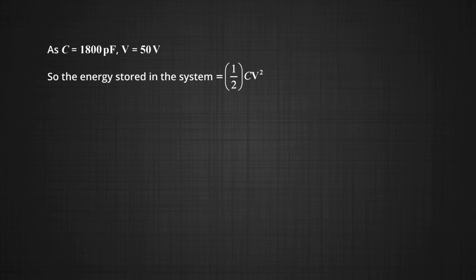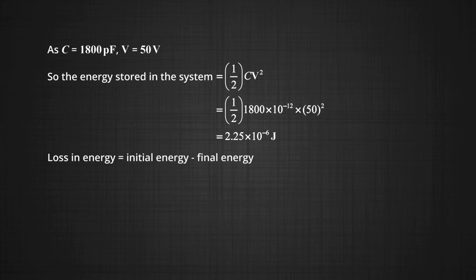As C is 1800 picofarad and V is 50 volt, so the energy stored in the system will be half C into V square. Now on substituting the values, we get half 1800 into 10 to the power minus 12 into 50 square, which is equal to 2.25 into 10 to the power minus 6 joule.